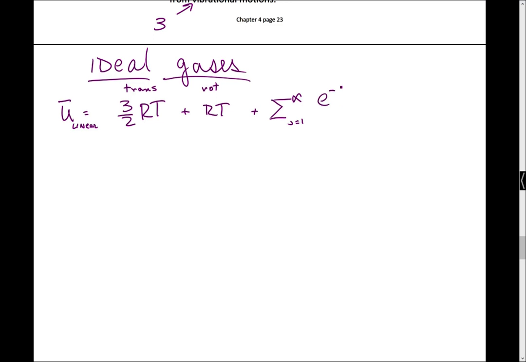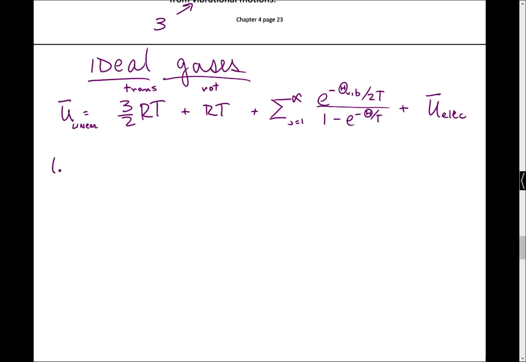That's going to be e to the minus theta vib over 2T over 1 minus e to the minus theta vib over T. Then I'll generically say if there's an electronic contribution, it'll be U electronic. So that's for a linear molecule.